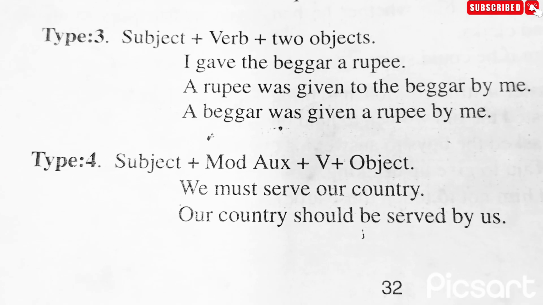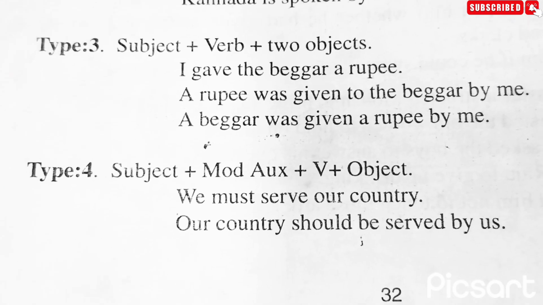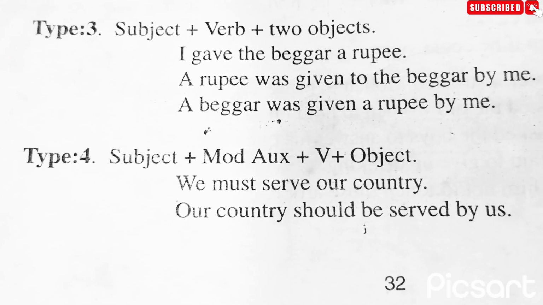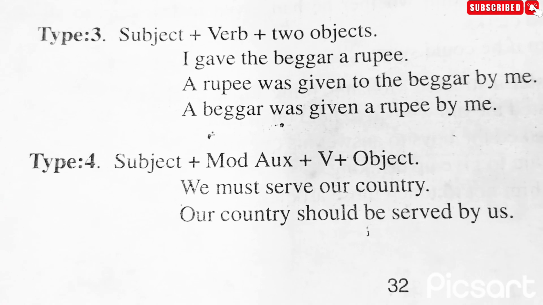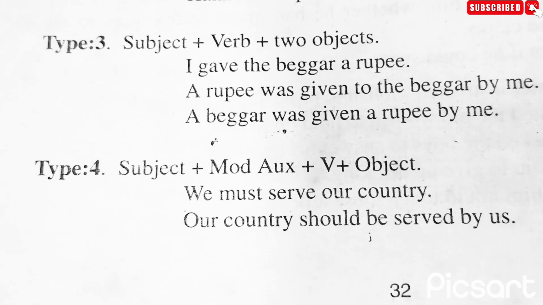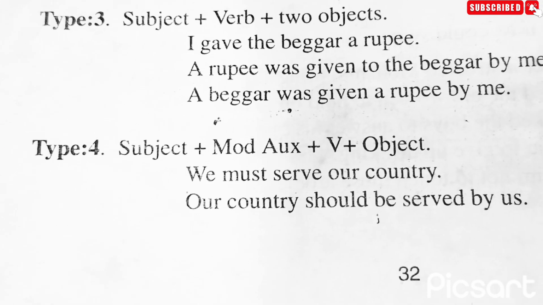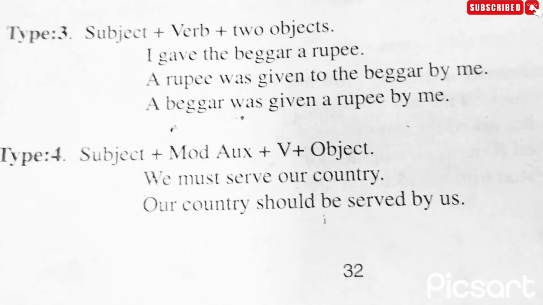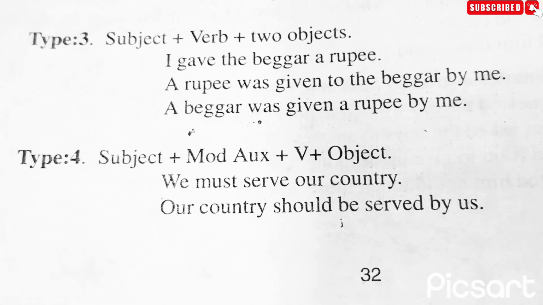So we take the example: I gave the beggar a rupee. I is a subject. Gave is a verb. It is in past form. Give, gave, given. The beggar is one object. A rupee is another object. Here two objects are there.